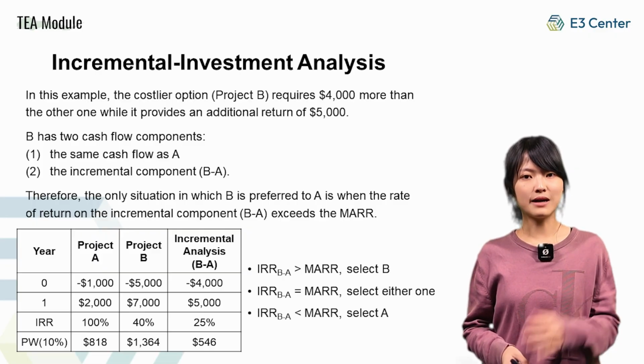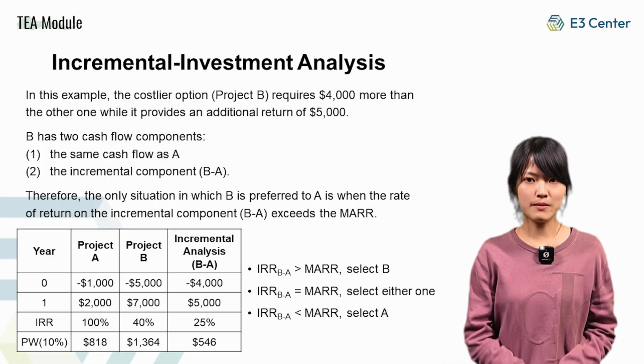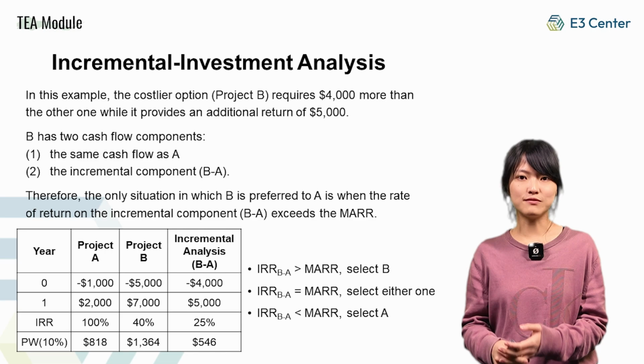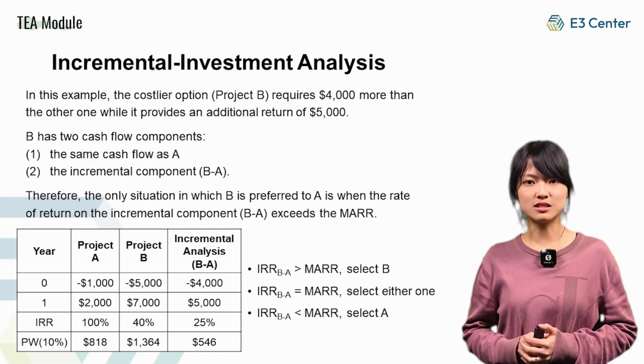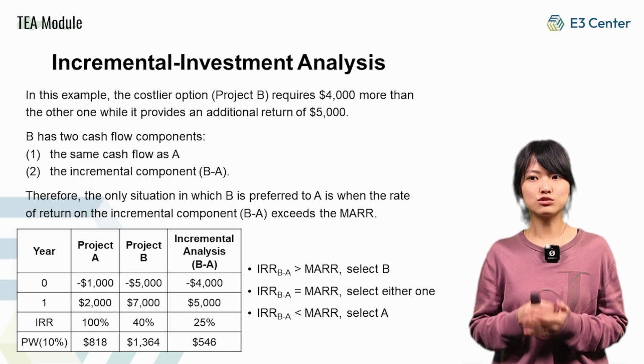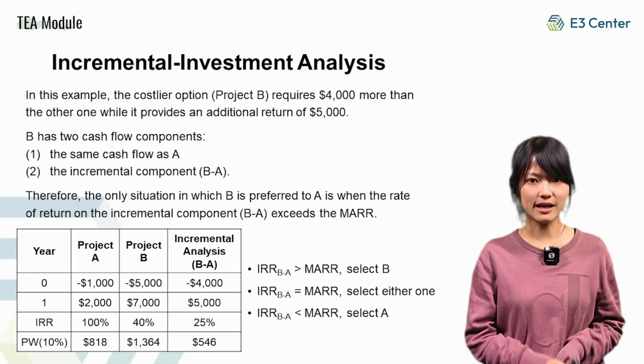If IRR of B minus A is less than MARR, then the additional investment does not meet our return requirement, so we should just stick with Project A.